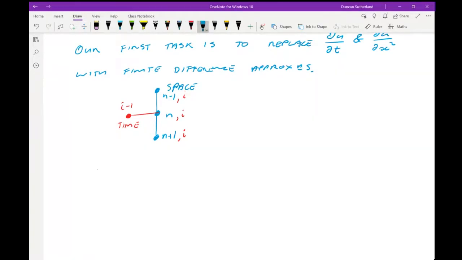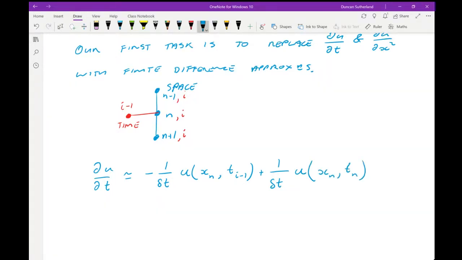So our individual derivatives are approximated as follows. Right, we worked this out in the previous hour. We know that this is minus 1 on delta t now, because it's a dt. U at x_n, t_(i-1), plus 1 on delta t U at x_n, t_i. Oh, t_i, sorry.